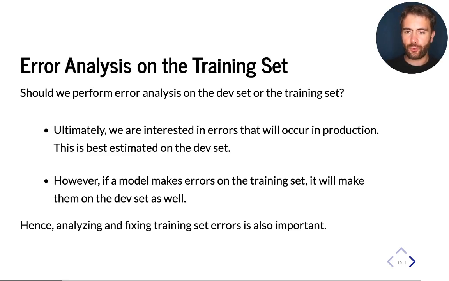And in order to understand which errors we need to fix, it is also useful to perform error analysis on the training set. So therefore, the correct approach is to perform both types of error analysis, depending on whether we are more interested in fixing problems on the development set or the training set. Both are important and both have their uses.